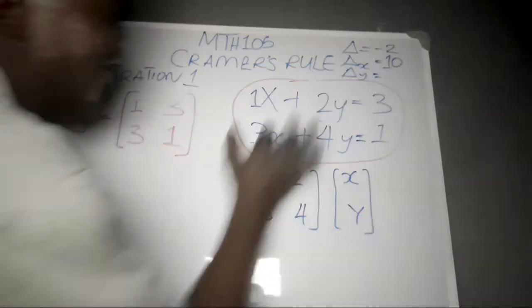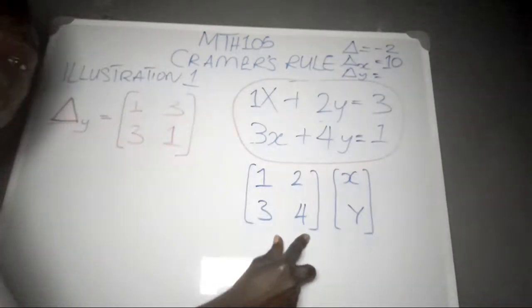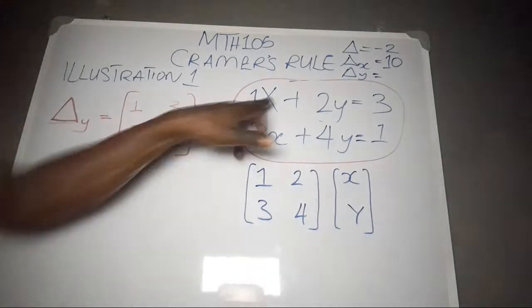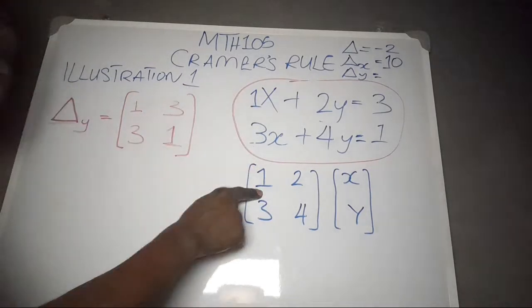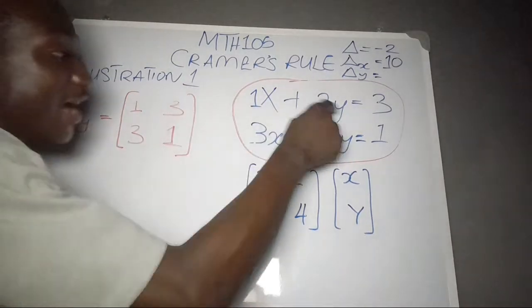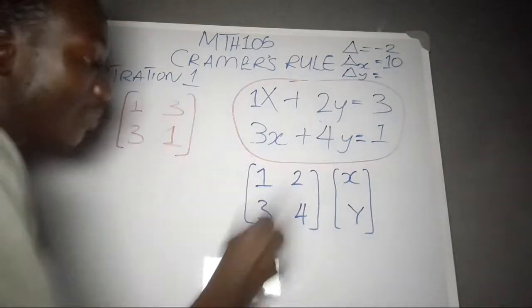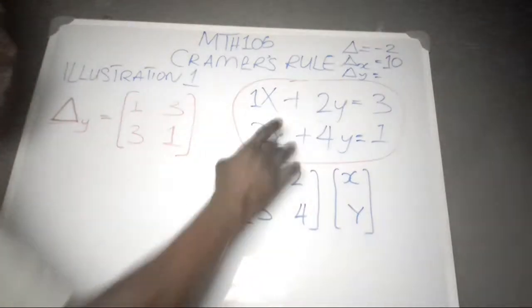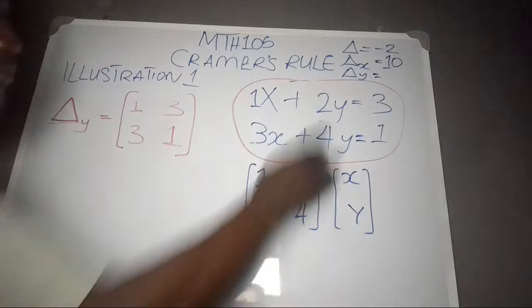So to interpret this into a matrix, the first thing we have to do is this. The x here doesn't have anything standing alone, so we give it a coefficient, which is 1. Then 2y here, we bring down the 2 and keep the y somewhere. Then 3x, we bring down the 3 and keep the x somewhere. Then we bring down the 4 and keep the y somewhere else.